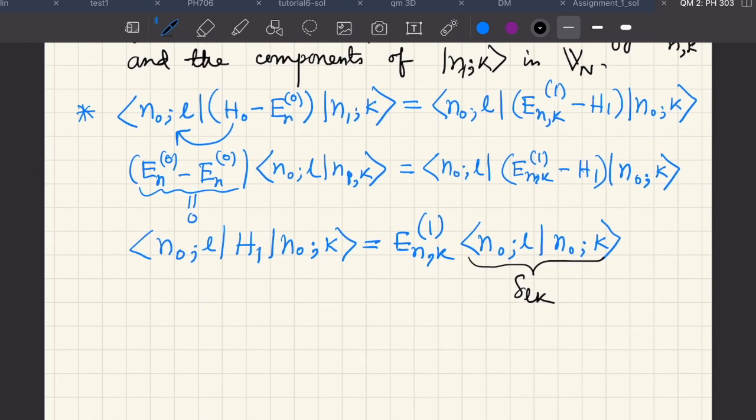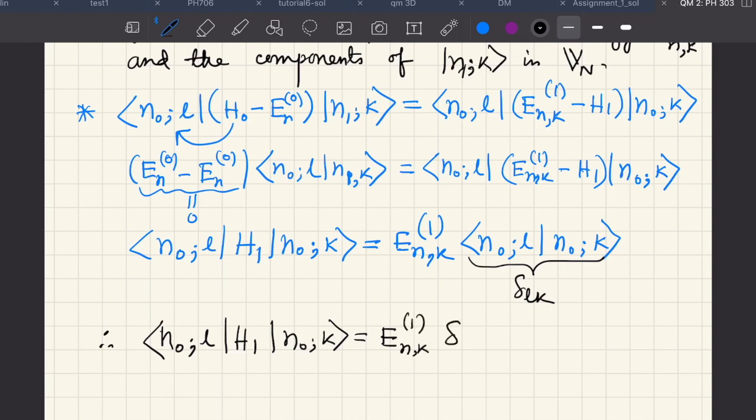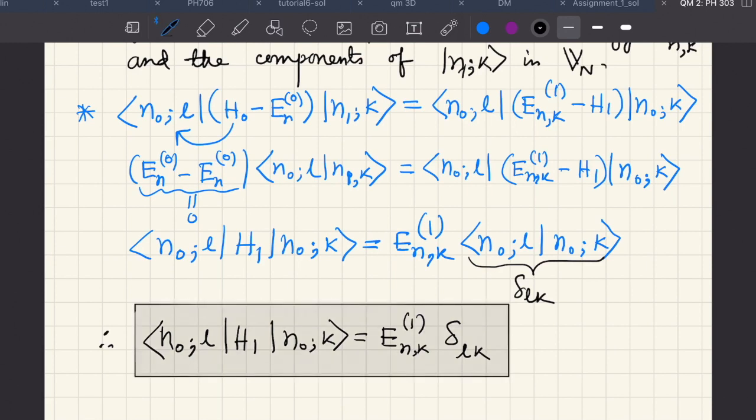So we have our result, which is very important: n naught L H1 n naught K is equal to E n^K 1 delta LK, and this is for all values of L and K which take numbers from 1 to capital N. This is our equation number 11.